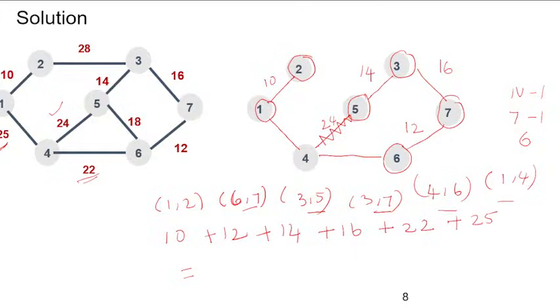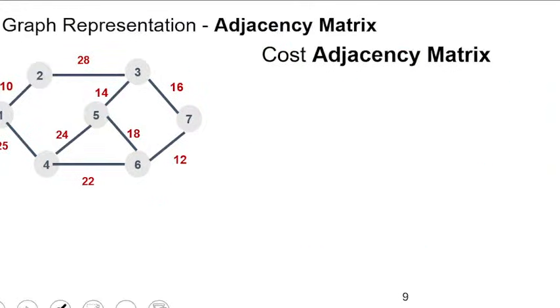You should write, okay, 12, here 22, and here it is 25. So if you add all this, you will get 99. 99 is the total minimum cost. So this is how you should find the solution to form a minimum spanning tree.